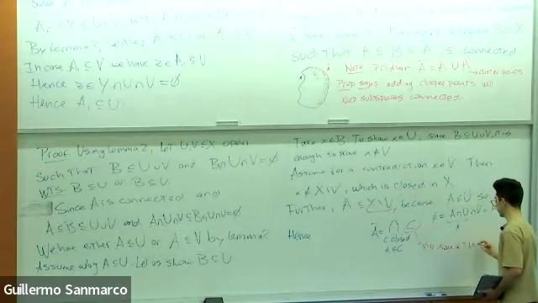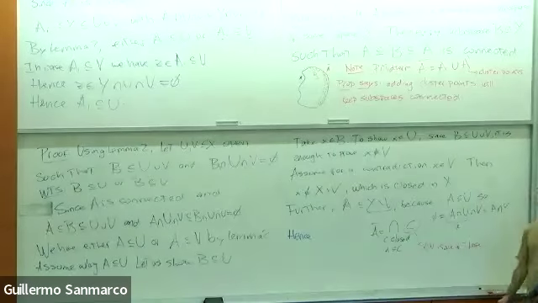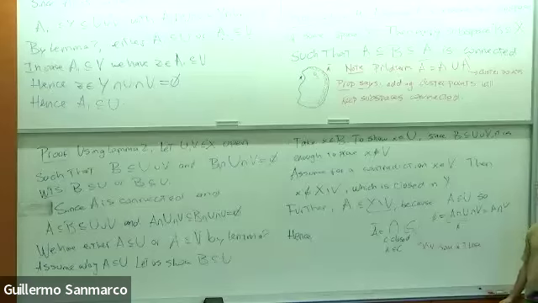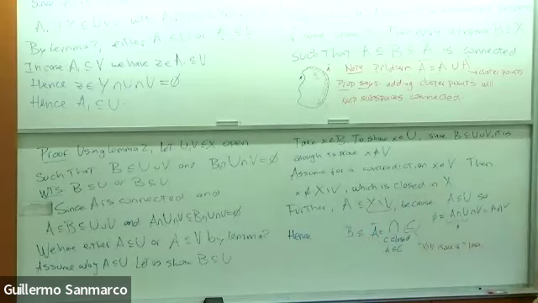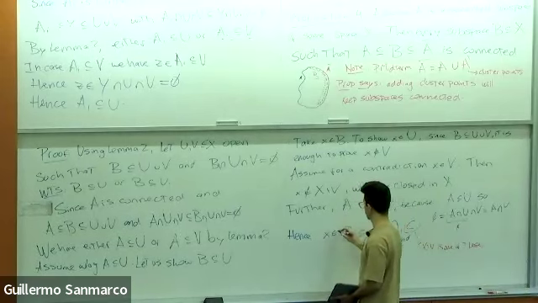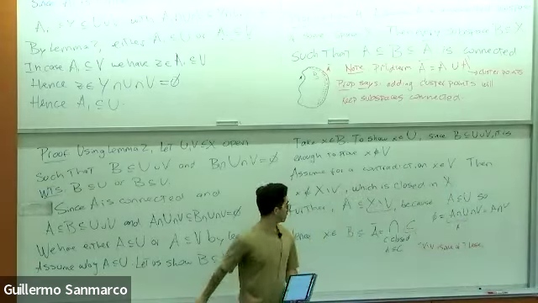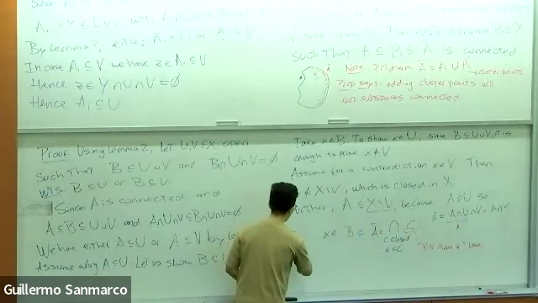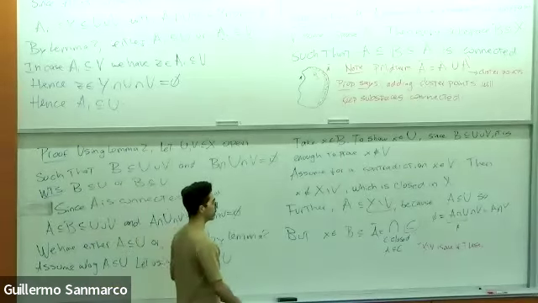That's what we just said. That's a closure. But this guy, we're assuming contains B. But we're assuming X lives in B, which is inside the closure, which is the intersection of all closed sets.